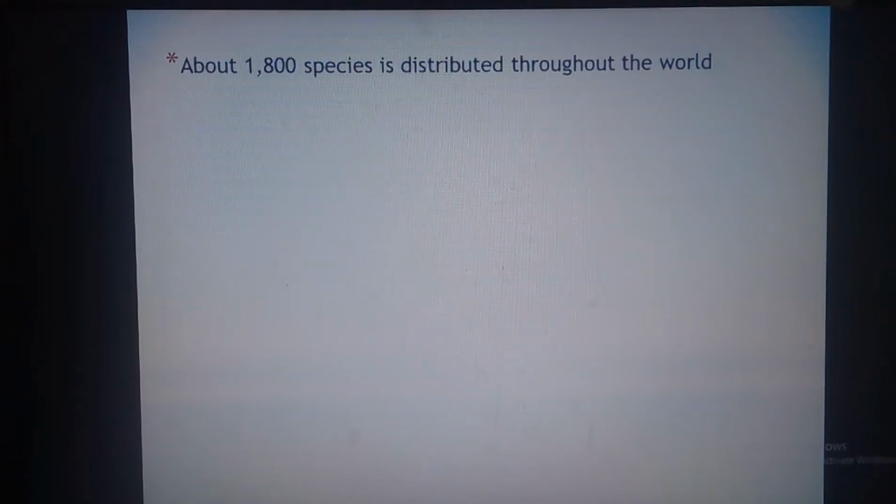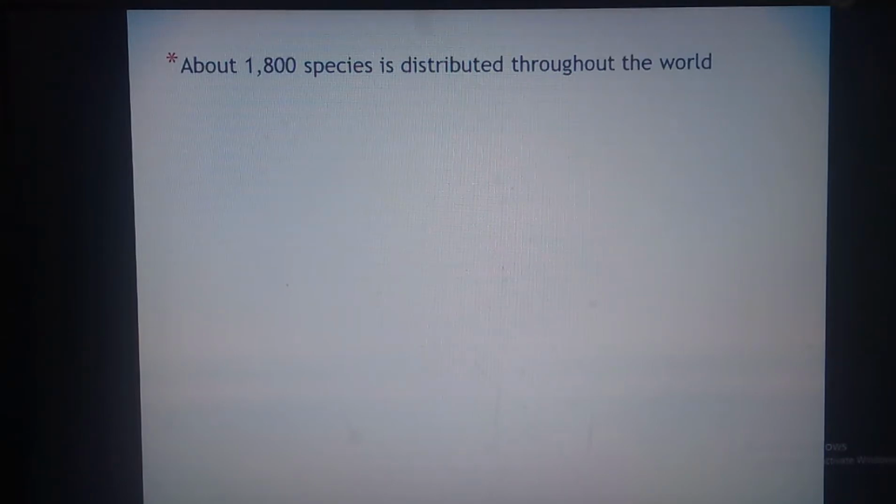So this fungus is a very common plant pathogen, and it includes about 1800 species, distributed throughout the world.